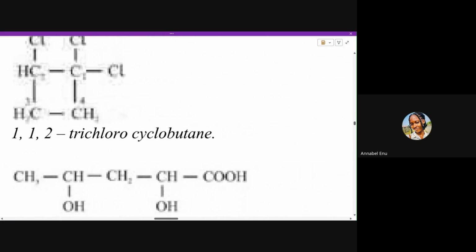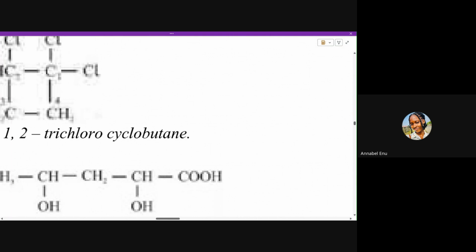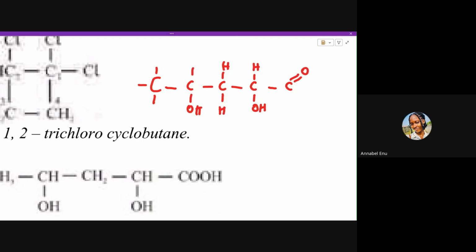Okay, now I like this particular question. Let's round up today with this question. Okay, so this is the structure.